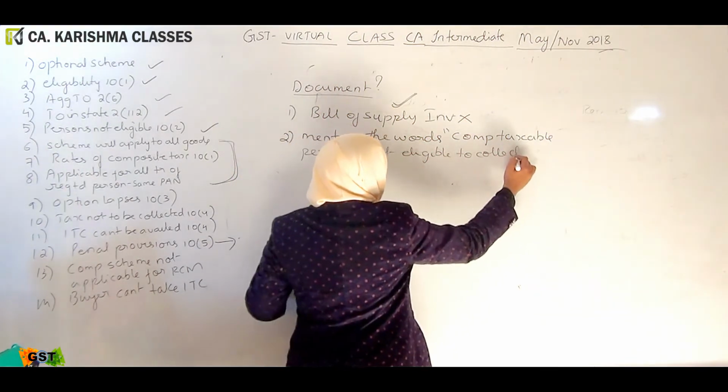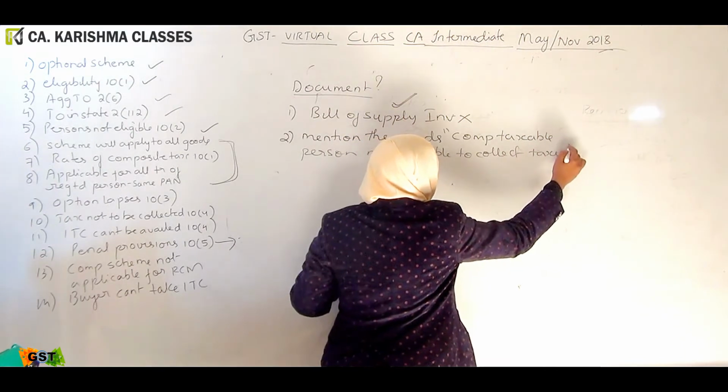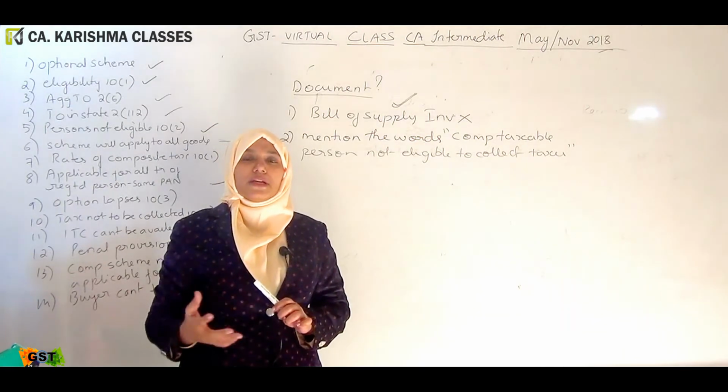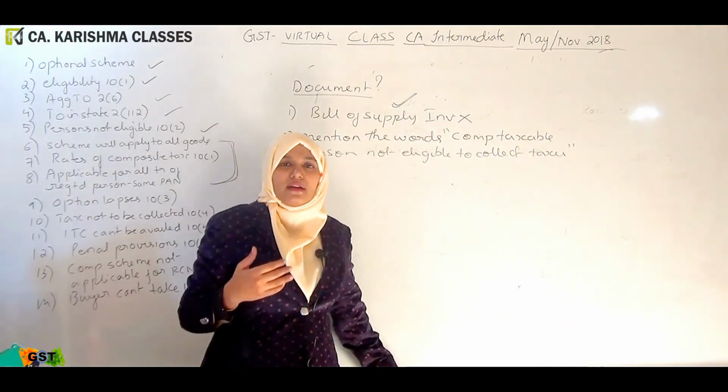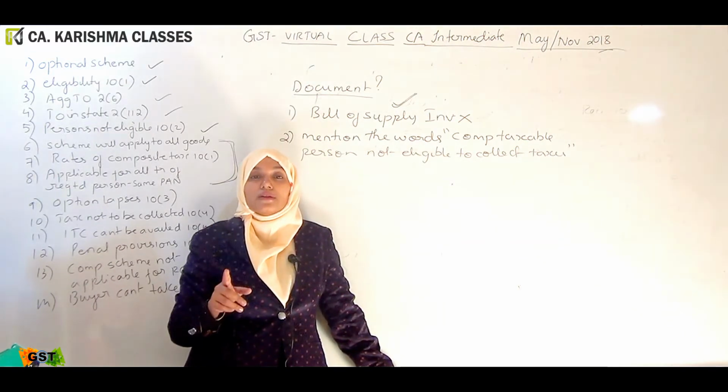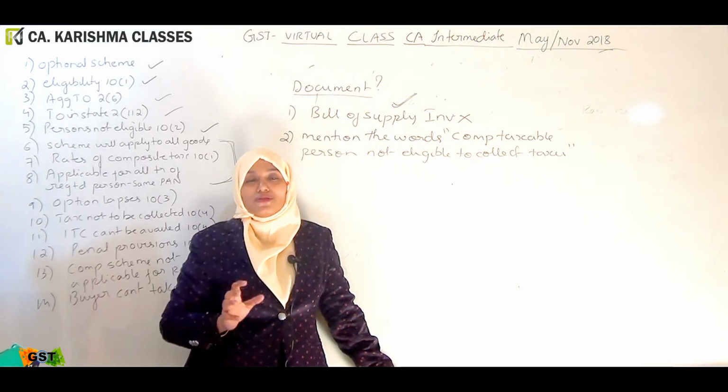See how the government is protecting the consumer. The consumer will not know about all this composition scheme, regular scheme. He is thinking that whenever I have to buy goods, I have to pay tax. But don't try to exploit his innocence.